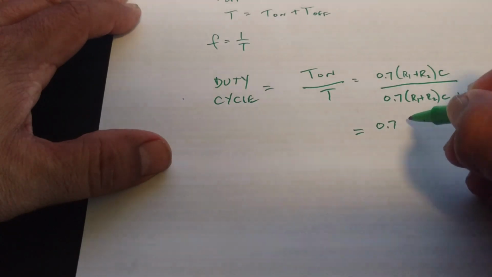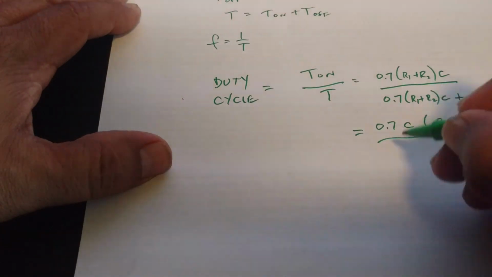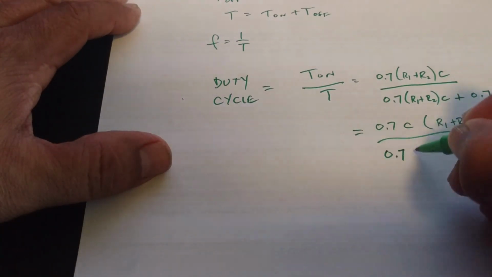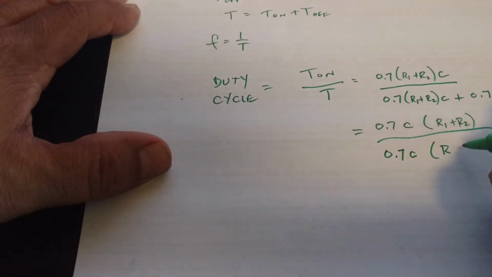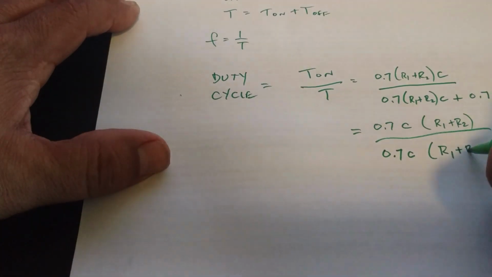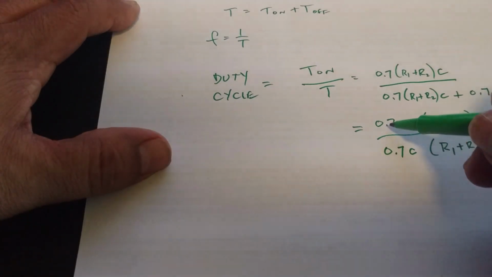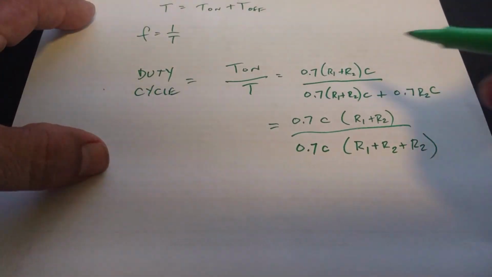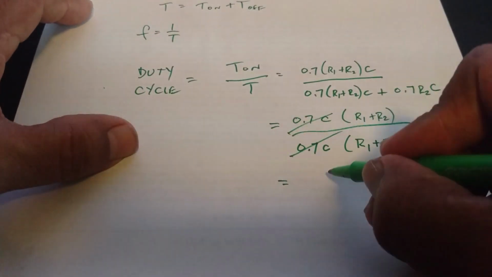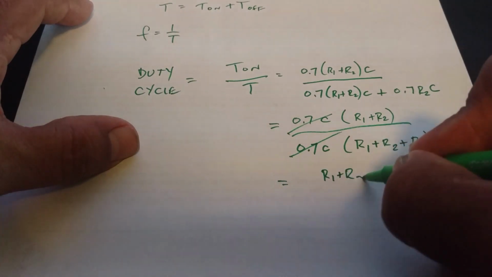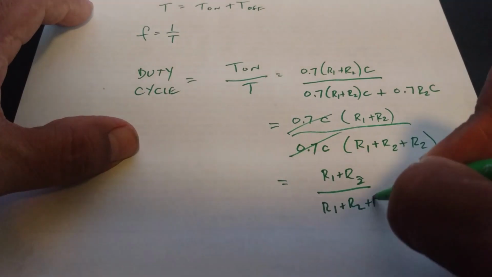So if we have 0.7 times the capacitor and just rearrange things here, on the bottom we would get 0.7 times the capacitor, and then that in parentheses times R1 plus R2 plus another R2. So you can see that these are going to cancel out here, and you would just get R1 plus R2 over R1 plus R2 plus R2.